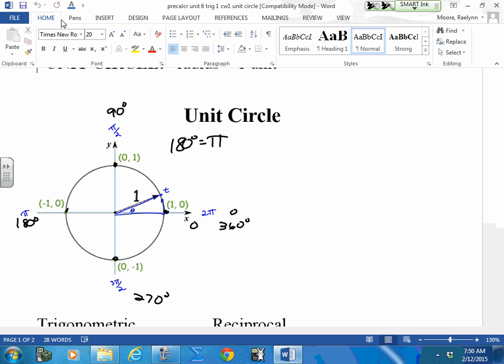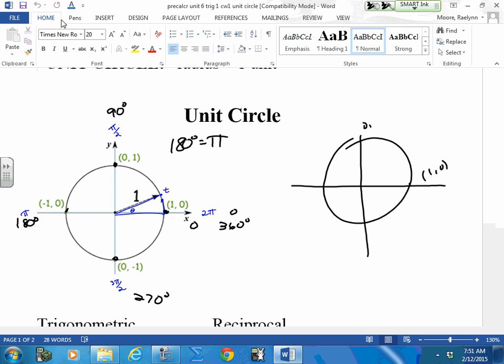So when we start your circle, if we're on the unit circle, we start like this. It goes out 1, 0, 0, 1, negative 1, 0, 0, negative 1. This goes 0. This is pi. Therefore, the other half of the circle is 2 pi.